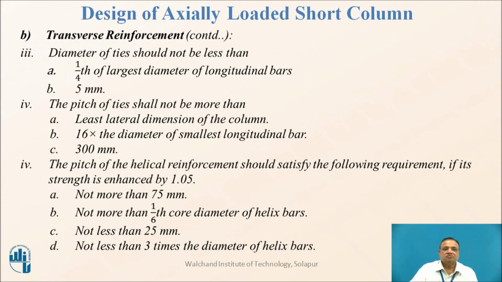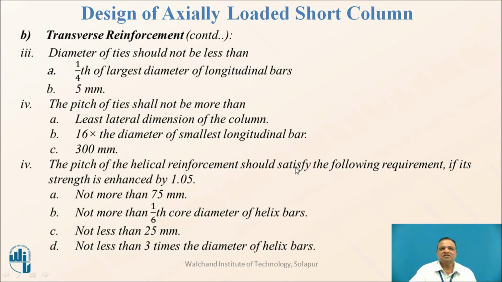So now the pitch of the helical reinforcement. The pitch of the helical reinforcement should satisfy the following requirements, that means if the strength is enhanced by 1.05, that means 5%. If we are considering the increase in strength by 5%, in that particular case we should observe very strictly that the pitch of helical reinforcement should satisfy the following requirements.